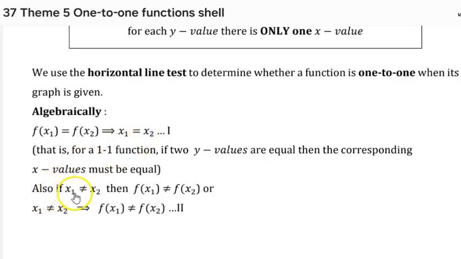Also, if I take two unequal x values, then it must imply that the y values are also unequal. So there are three different ways to determine whether a function is injective, or one-to-one: graphically, the horizontal line, or either number 1 or number 2.